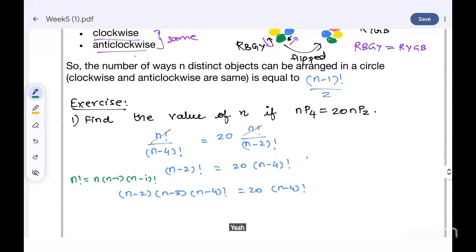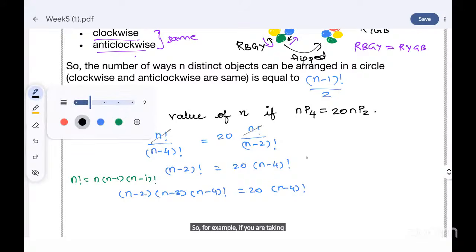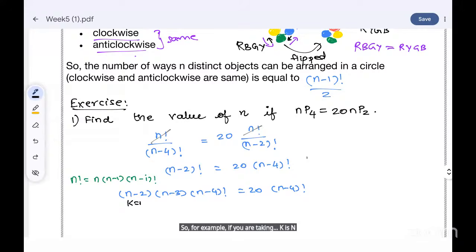So here n minus 2, n minus 3, n minus 4. In this case, your first n itself is n minus 2. For example, if you take k as n minus 2, this is k minus 1, this is k minus 2. So is this step clear for everyone?